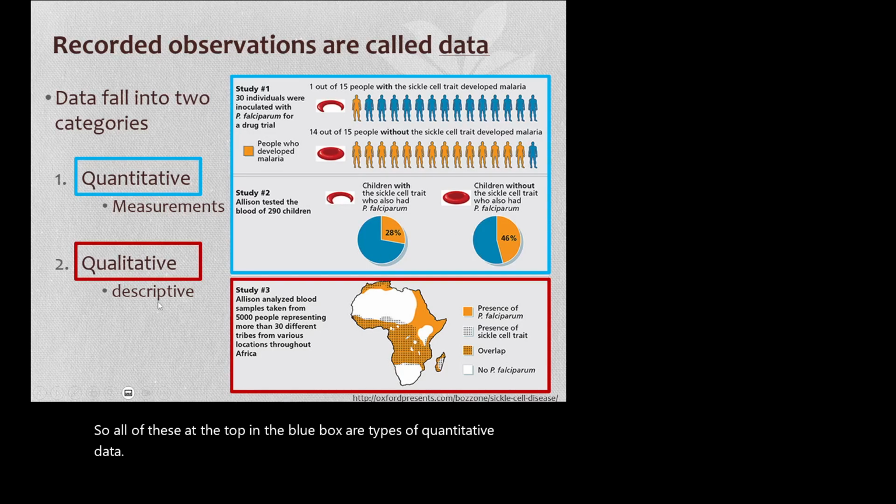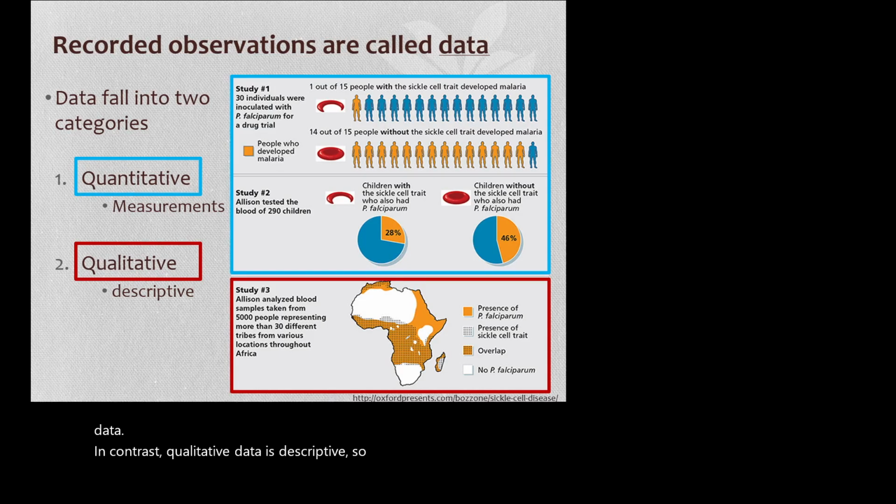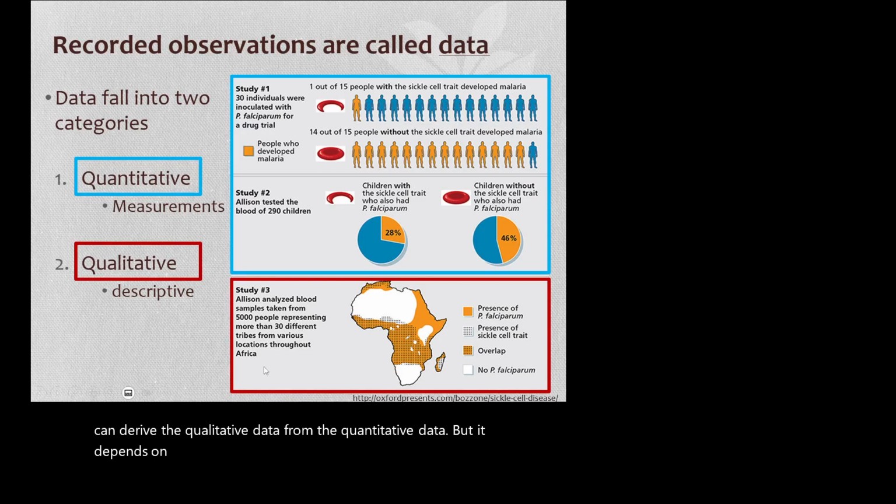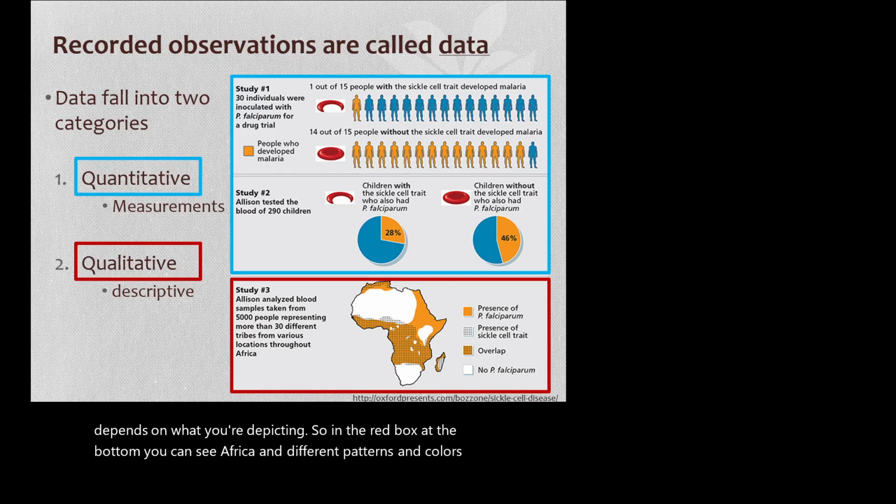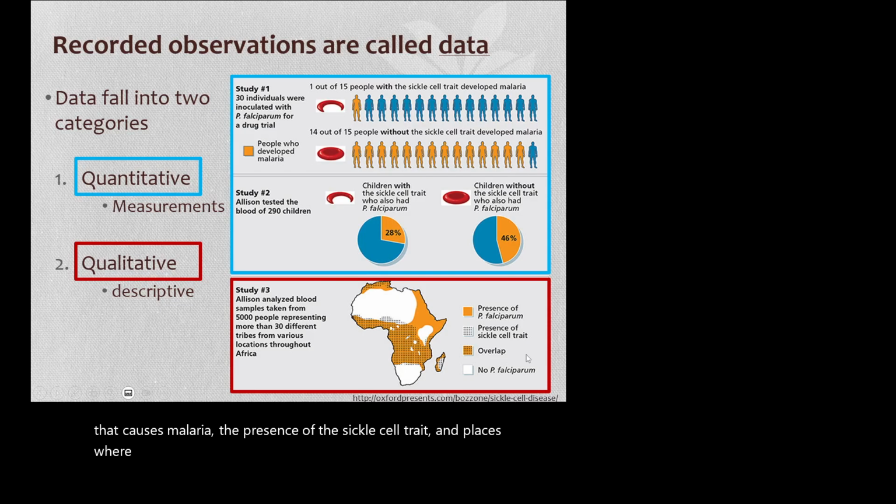In contrast, qualitative data is descriptive. Sometimes we can derive the qualitative data from the quantitative data, but it depends on what you're depicting. In the red box at the bottom, you can see Africa and different patterns and colors overlaying the continent, showing the presence of the parasite that causes malaria, the presence of the sickle cell trait, and places where those overlap or don't overlap, or where there was no data collected.